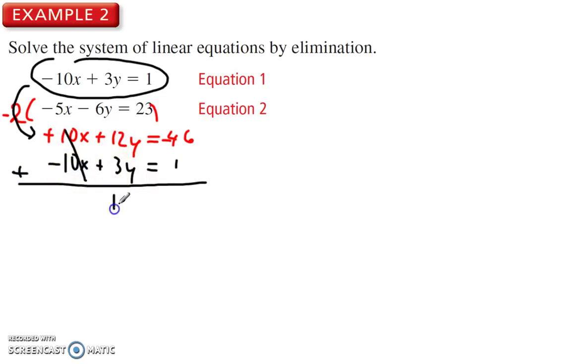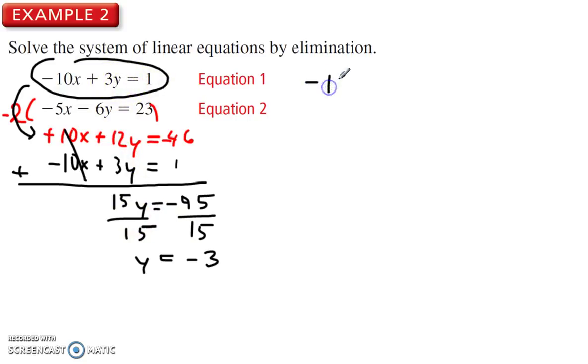Then that cancels out. I get 15y is equal to negative 45. Divide by 15, and y is equal to negative 3. And then plug that back into one of these two. I'll plug it into the first one, negative 10x plus 3 times negative 3 is equal to 1.